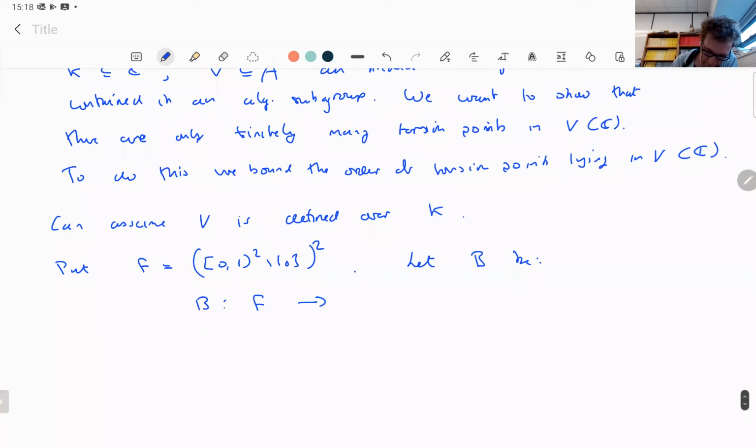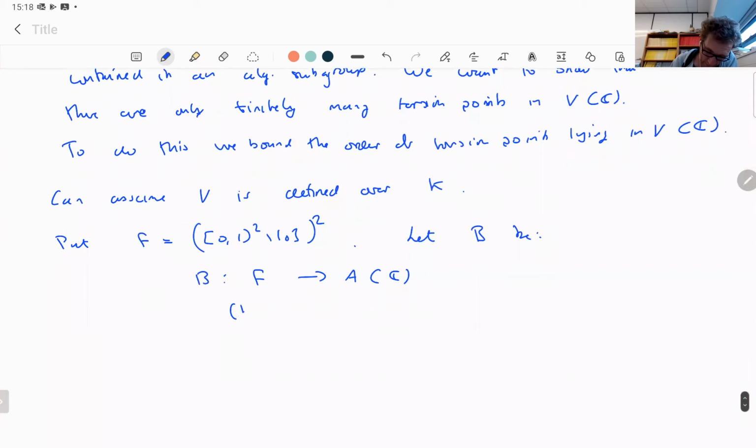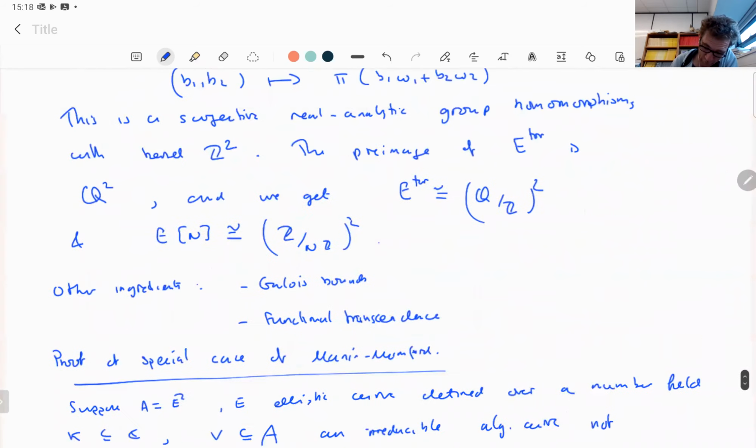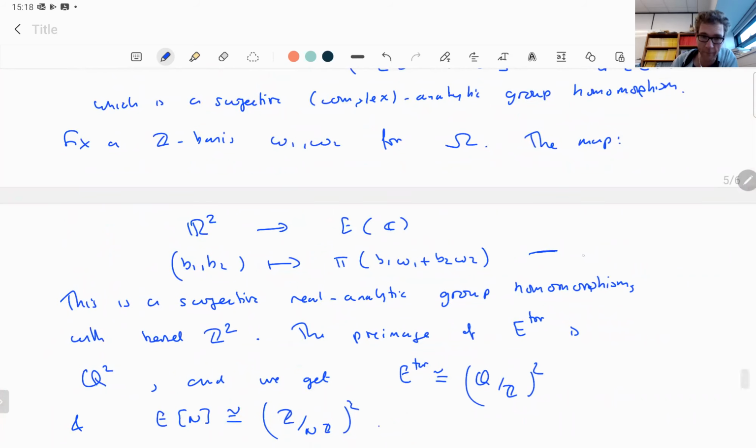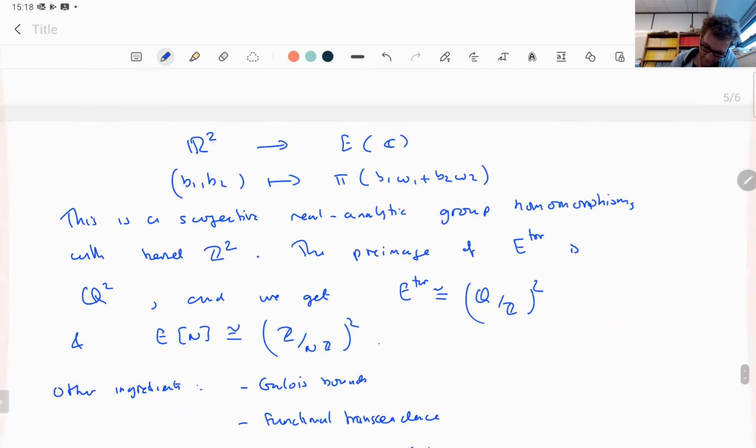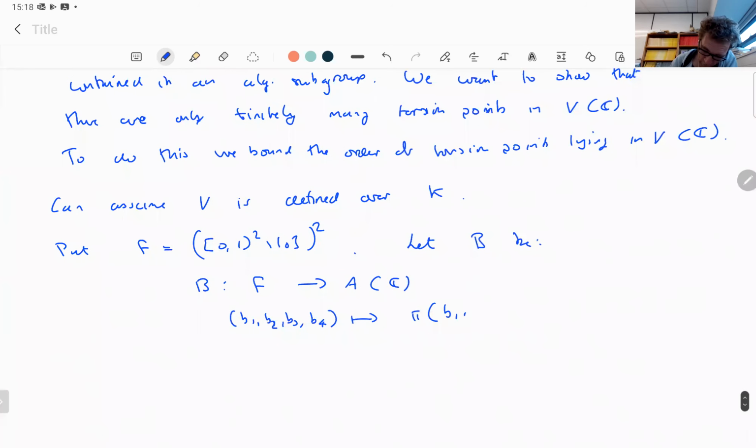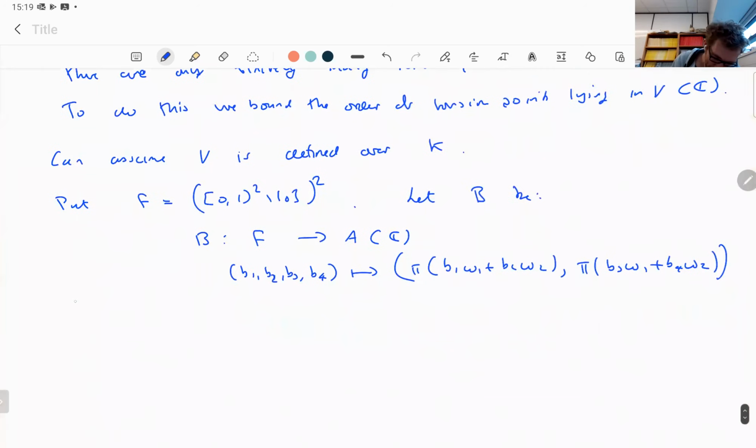So it maps F to E of C times A of C, and it sends B1, B2, B3, B4 to this in each coordinate: pi(B1 omega 1 plus B2 omega 2), pi(B3 omega 1 plus B4 omega 2), where omega 1 and omega 2 are fixed as above.